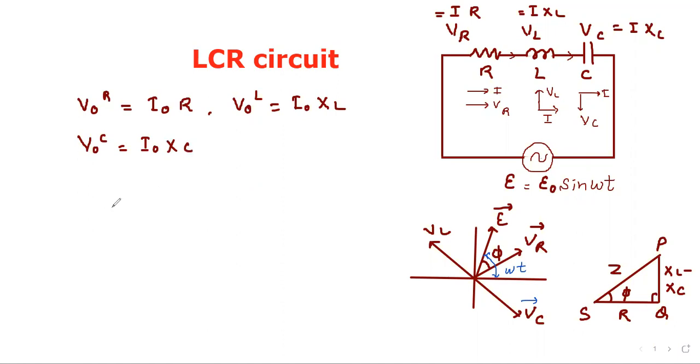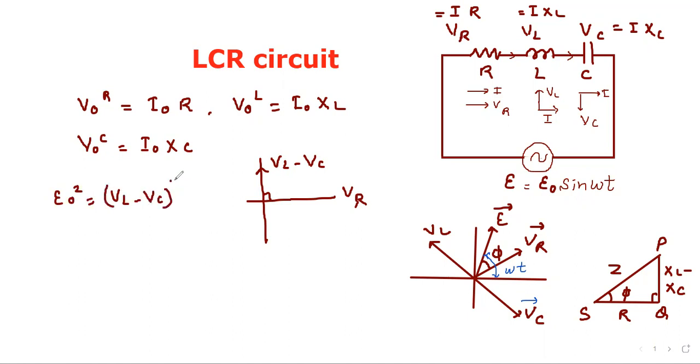Now, resultant voltage can be written as, here, suppose VL is greater than VC. So net voltage will be in this direction, that will be VL minus VC, and this is VR, they are at 90 degree. So resultant voltage E0 square will be VL minus VC whole square plus VR square.